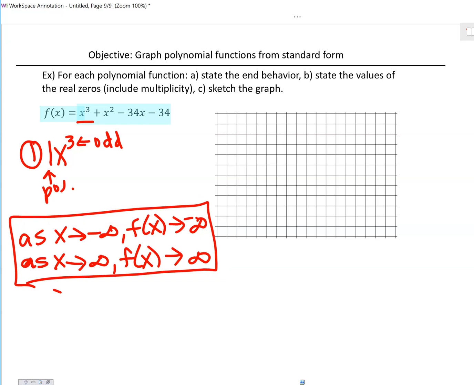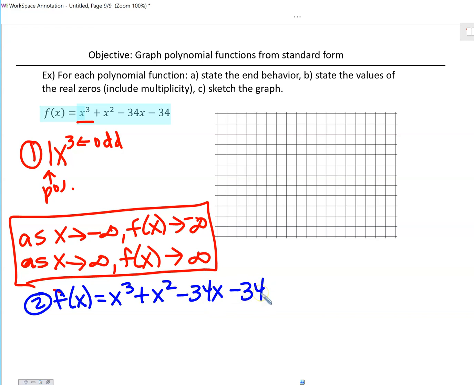So now looking at finding our zeros. So we have our function here, f of x equals. So this goes back to the prior knowledge I was refreshing our memory on. We have 4 terms. We'll use our grouping strategy. We'll let f of x equal 0, and then I'm going to put these into pairs. And so the first pair has a GCF of x squared, and that would be times x plus 1.